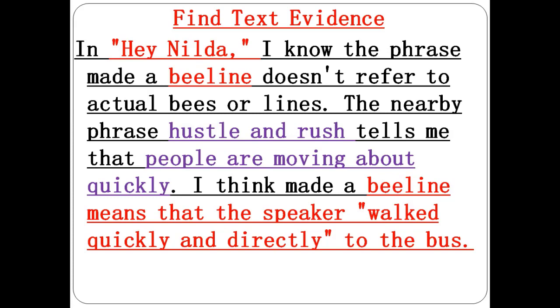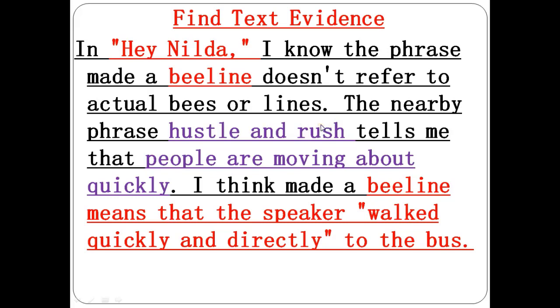In Nilda, I know the phrase made a beeline. A beeline doesn't refer to actual bees or line. You know the meaning of bee, you know the meaning of line, but beeline does not mean bees or lines. Look at the nearby phrase, hustle and bustle, or hustle and rush.